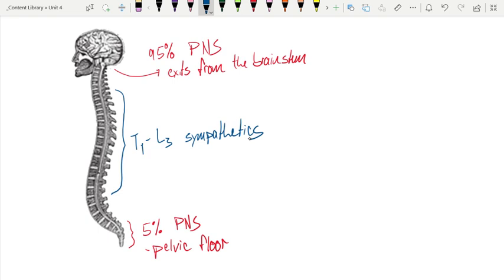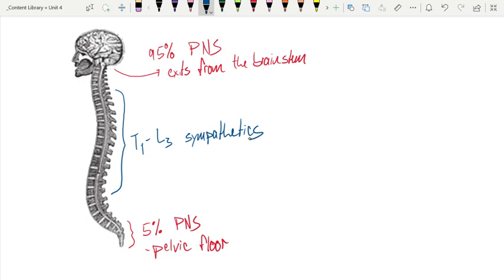So now that we have that broadly matched up, we understand where these neurons are originating from. It's important to compare and contrast the sympathetic and the parasympathetic systems, and even compare that to the somatic system and how we might find similarities or differences.